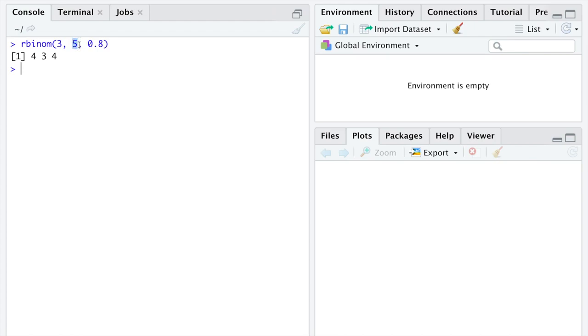So theoretically, all 5 of the Bernoullis could take on the value 1, or all 5 could take on the value 0, or any integer in between 0 and 5. The first of 3 observed values had 4 of the 5 Bernoullis indicate 1.